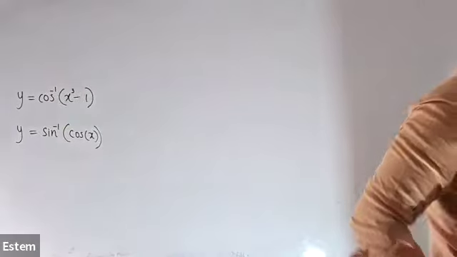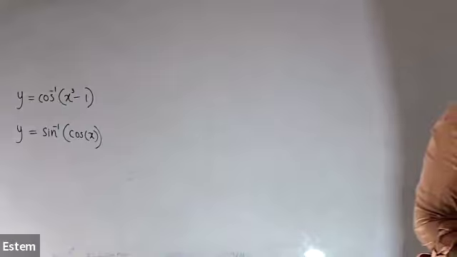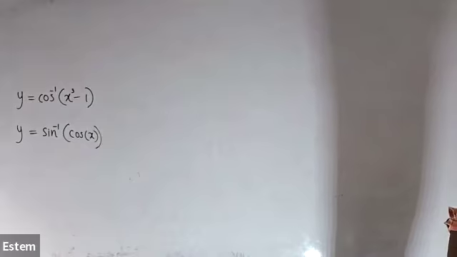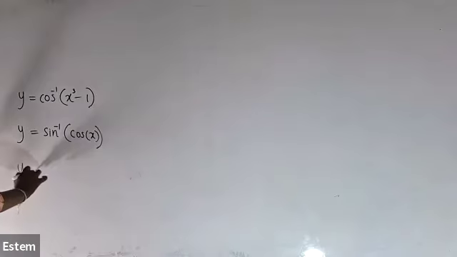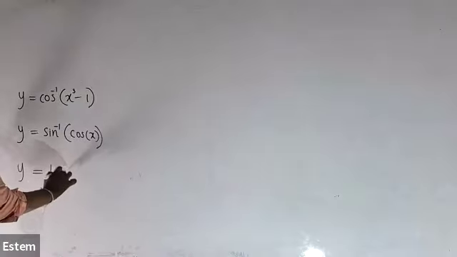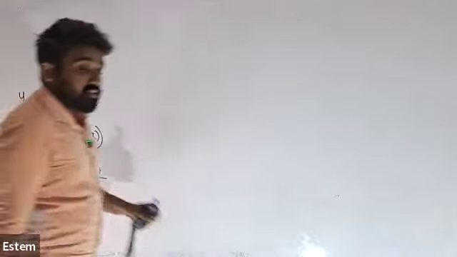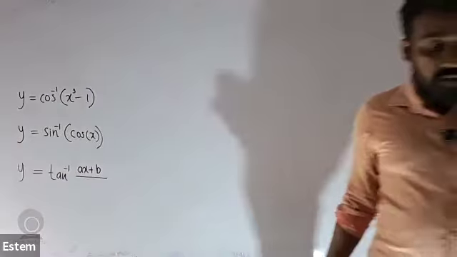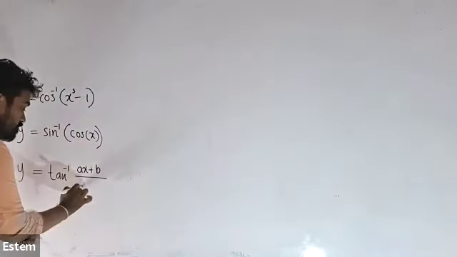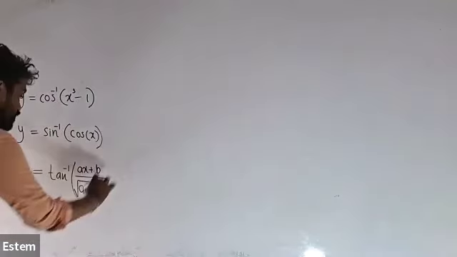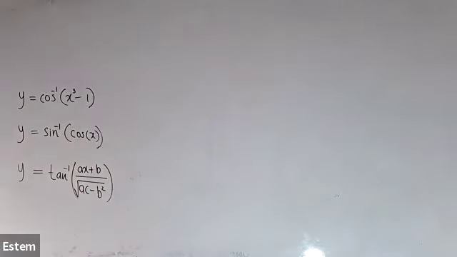Do all things. Other question. y equals tan inverse (ax plus b) over the square root of (a squared minus b squared). Next one.